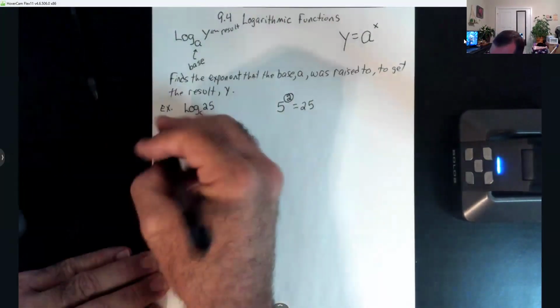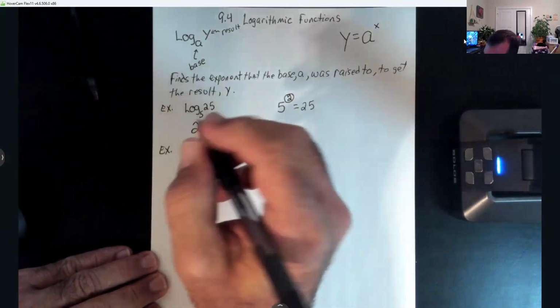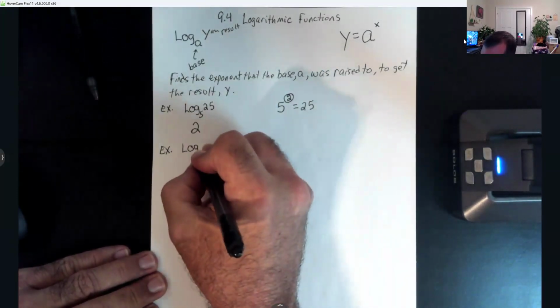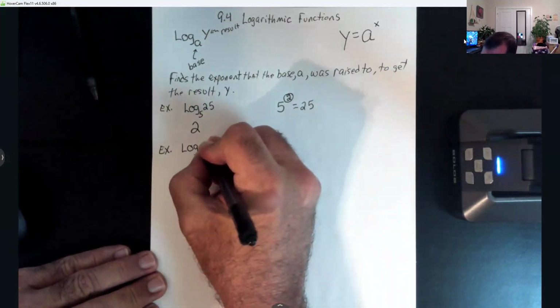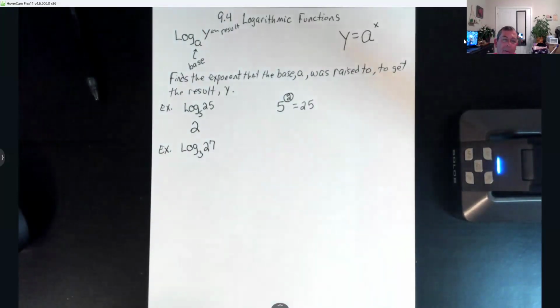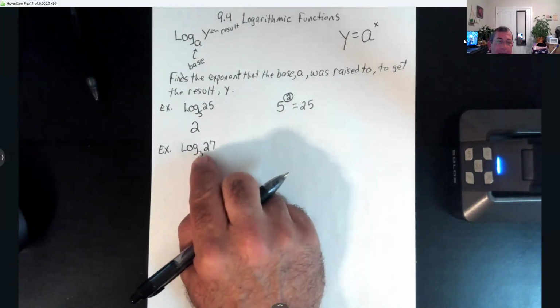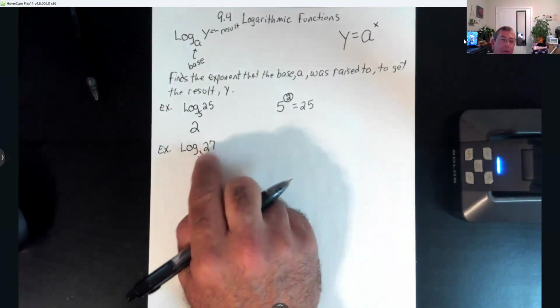Y'all getting the idea? So let me try this one. How about a log base 3 of 27? So y'all, what I'm asking you is how many times do you got to multiply that 3 together to make that a 27?